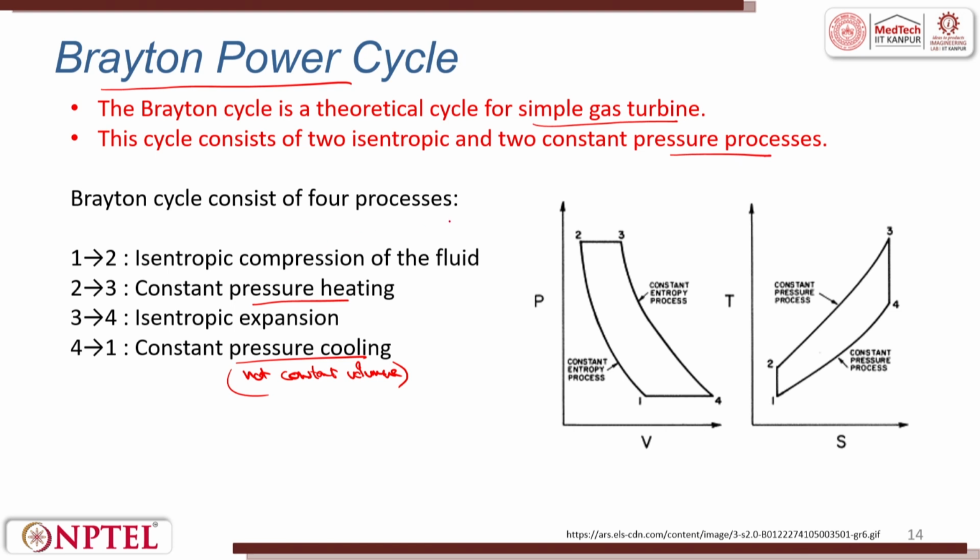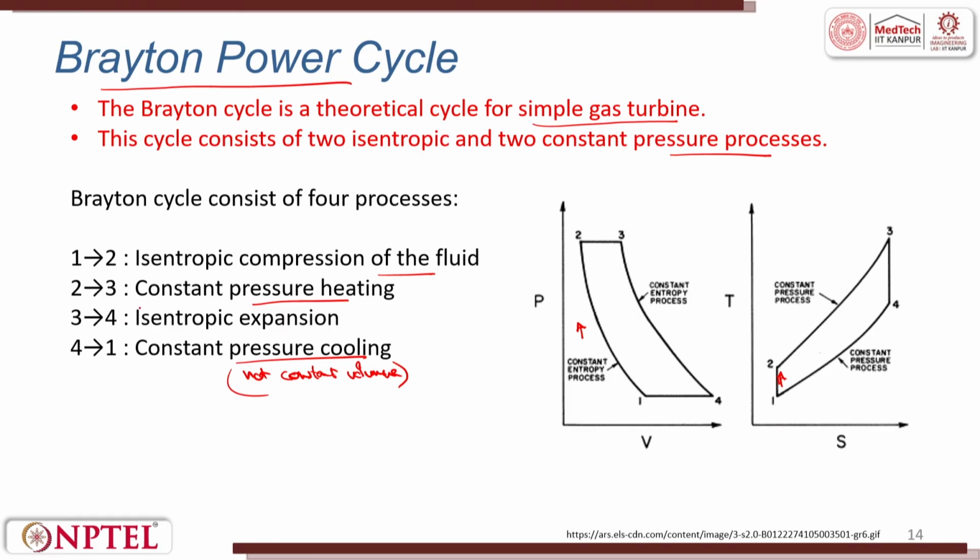The Brayton cycle consists of 4 processes. First, isentropic compression of fluid, that is from 1 to 2, the pressure increases, that is isentropic, that is entropy does not change here.